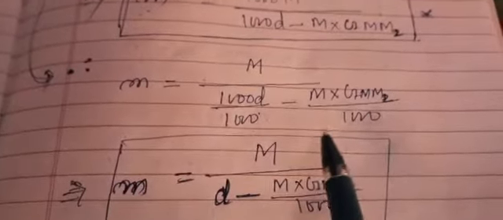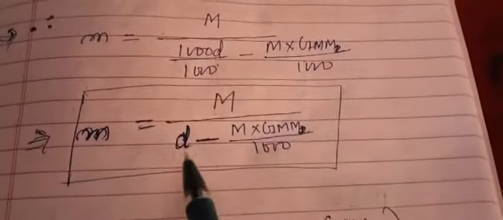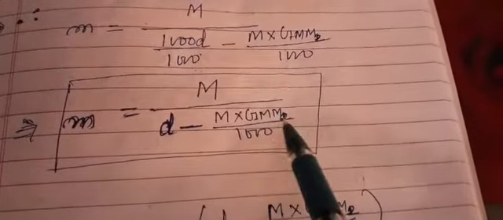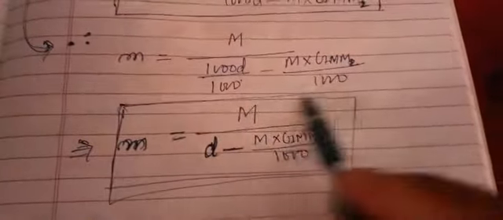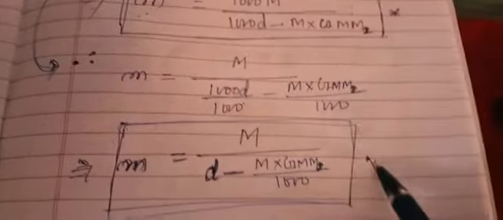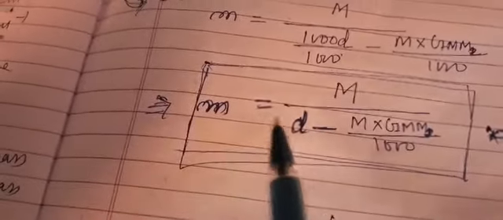These are the mathematics, not the chemistry. Now the 1000 gets cancelled, we will be having d only, and you will get M into GMM2 by 1000. So this one also you can utilize to calculate the molality of a solution if the molarity is given.